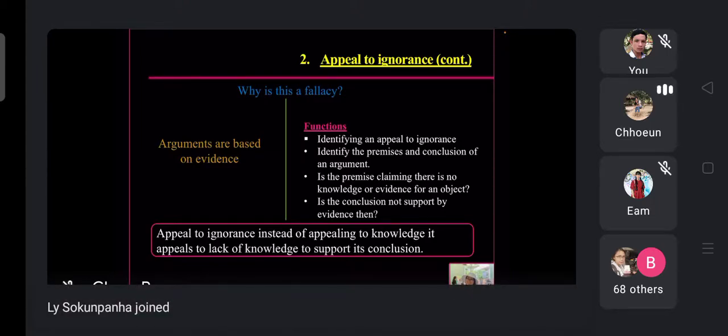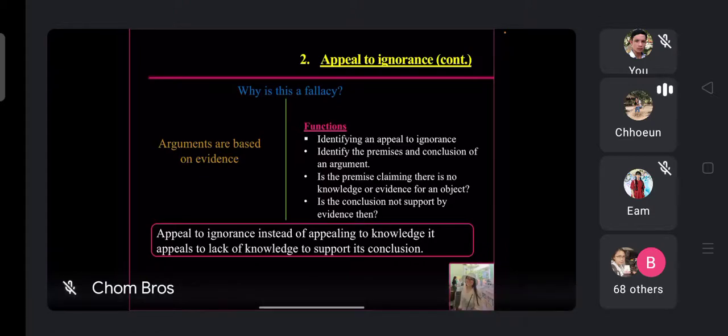Why is this a fallacy? Because fallacies are common errors in reasoning that undermine the logic of our argument. They can be either illegitimate arguments or irrelevant points, and are often identified because they lack evidence to support their claim.